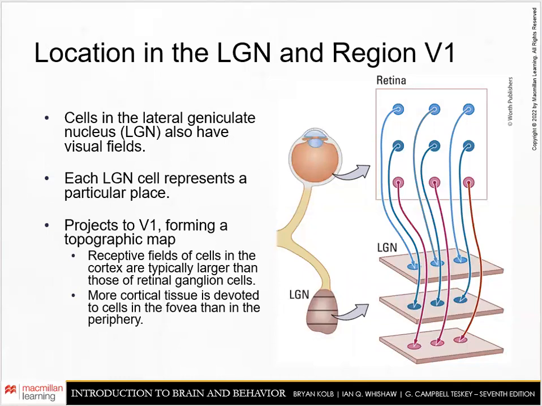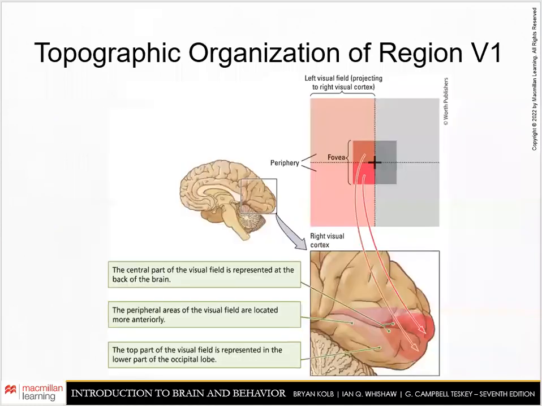The receptive fields of the cells in the cortex are typically larger than those of the retinal ganglion cells, and more cortical tissue is devoted to cells in the fovea than in the periphery, which we had talked about before too. There's also this topographic organization of region V1, where the fovea sends information to a disproportionately large part of the occipital cortex, which is why the visual acuity that we have is really best at the central part of the visual field.